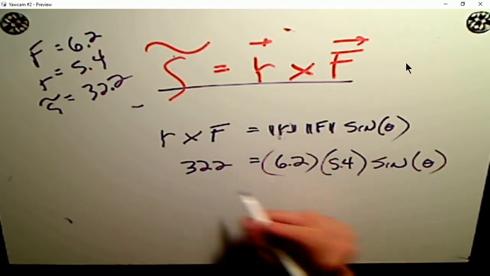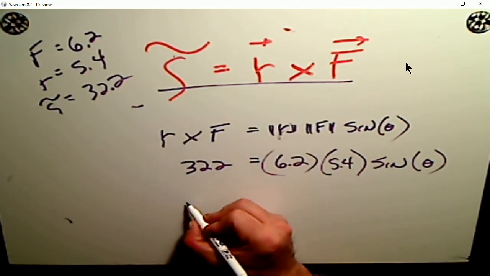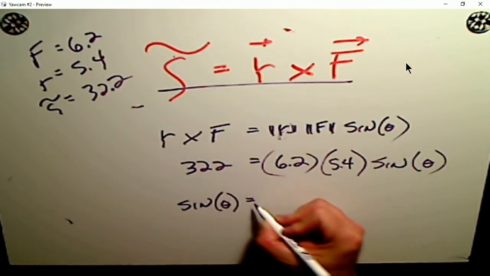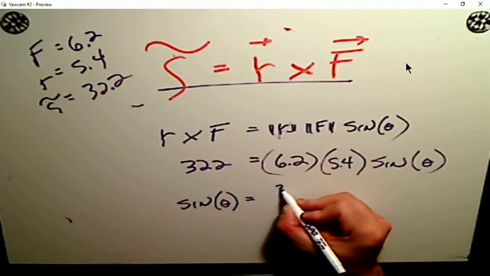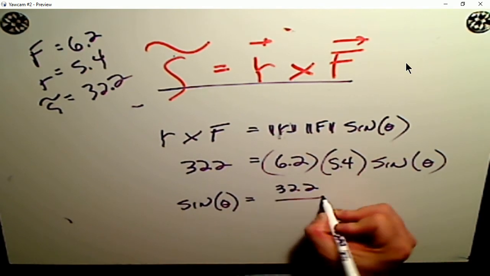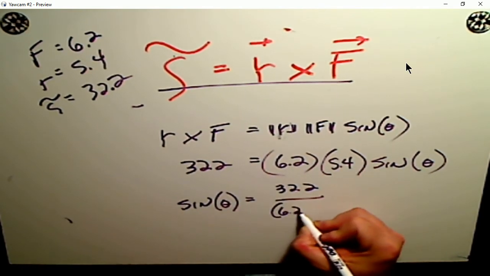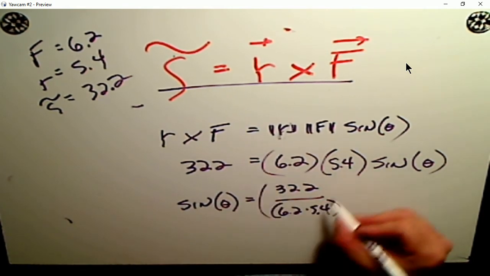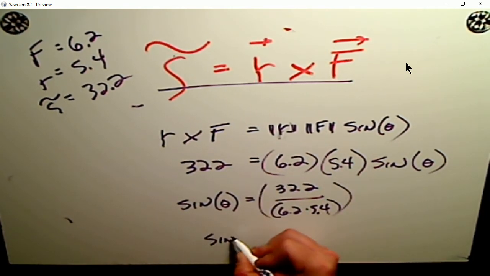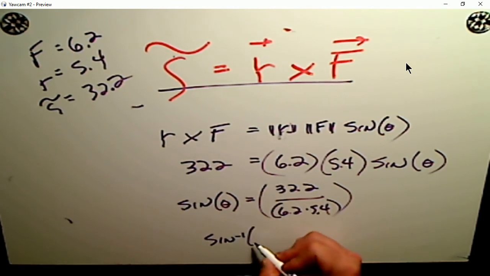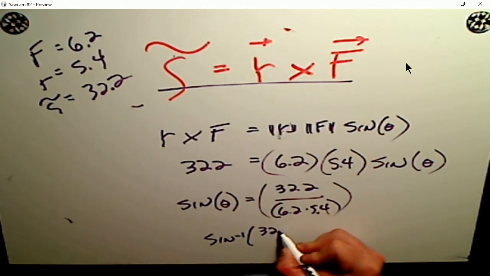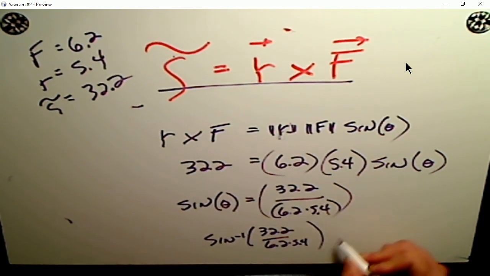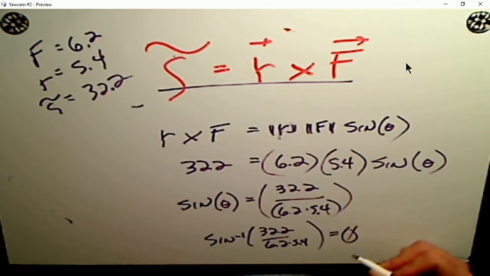I can figure out that sine of the angle is equal to 32.2 divided by 6.2 times 5.4. Sine inverse of that would give me the angle then.